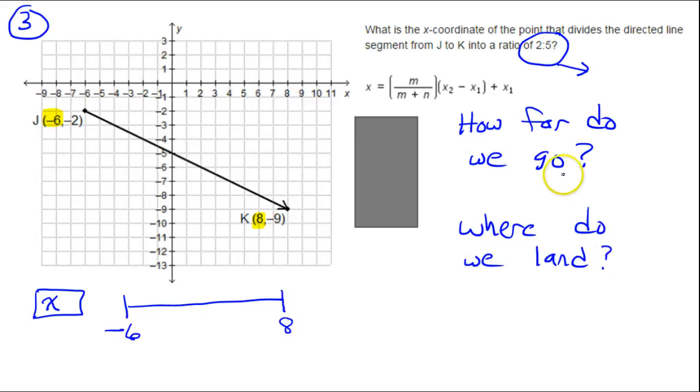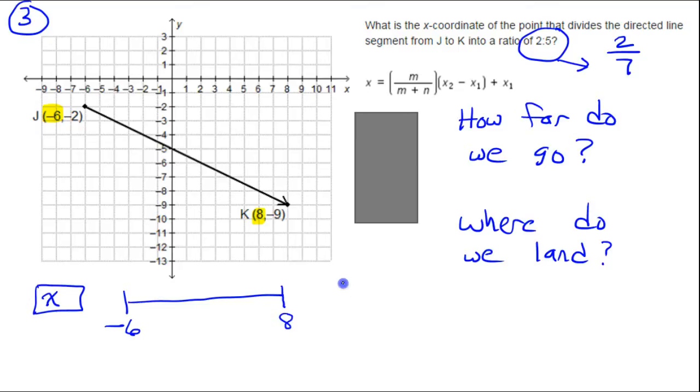So if I want the ratio 2 to 5, then I'm going to go 2/7. Remember, I add these up. I'm going to go 2/7 of the whole distance. So I need to go 2/7 of the total distance.